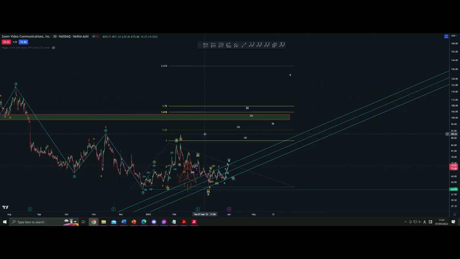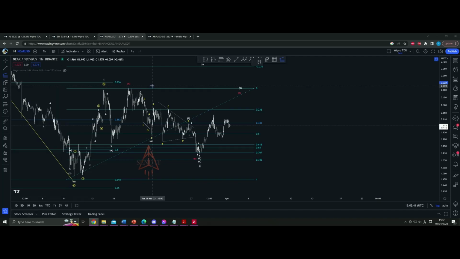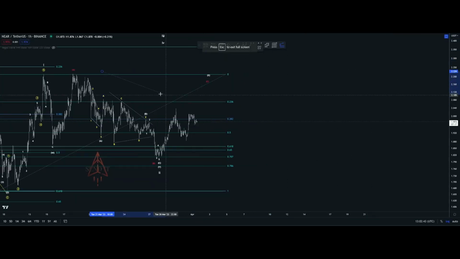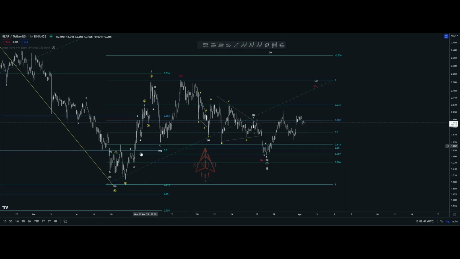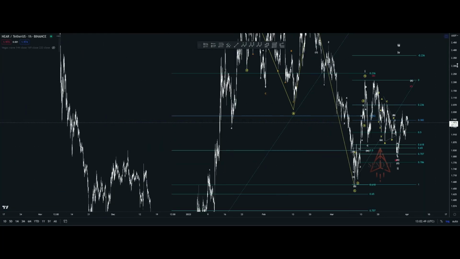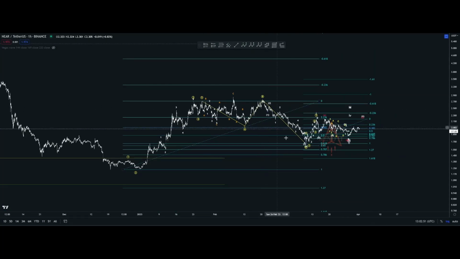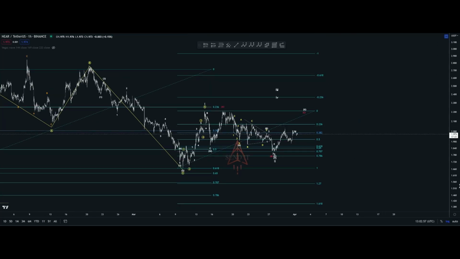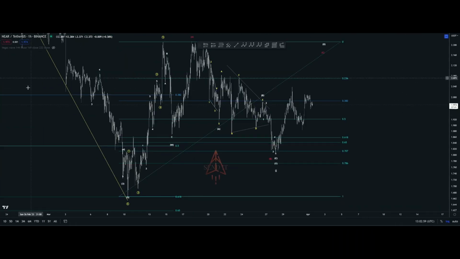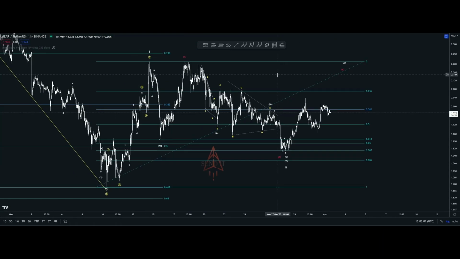All right, so next one, this is actually a pure cancer when it comes to Elliott wave, because after having a clean impulse here with a flat being done over here, at 1.618 reaction, there's another impulse. I'm not going to go into this previous stuff because I went over it in previous videos.